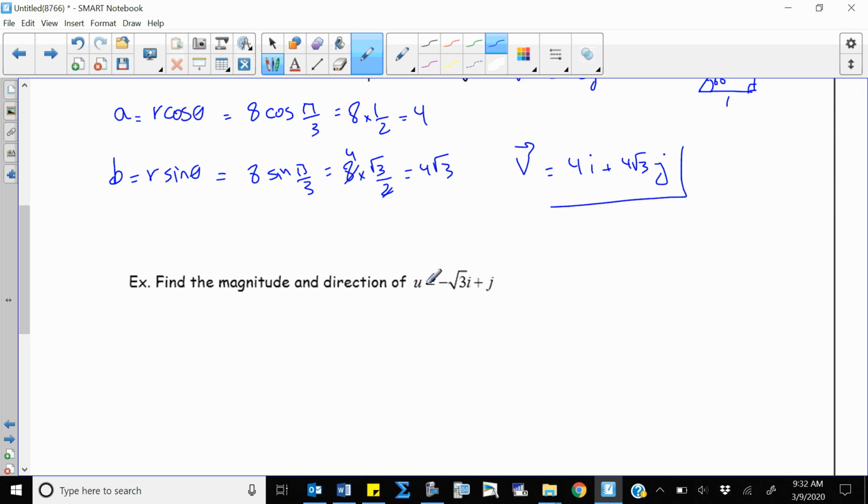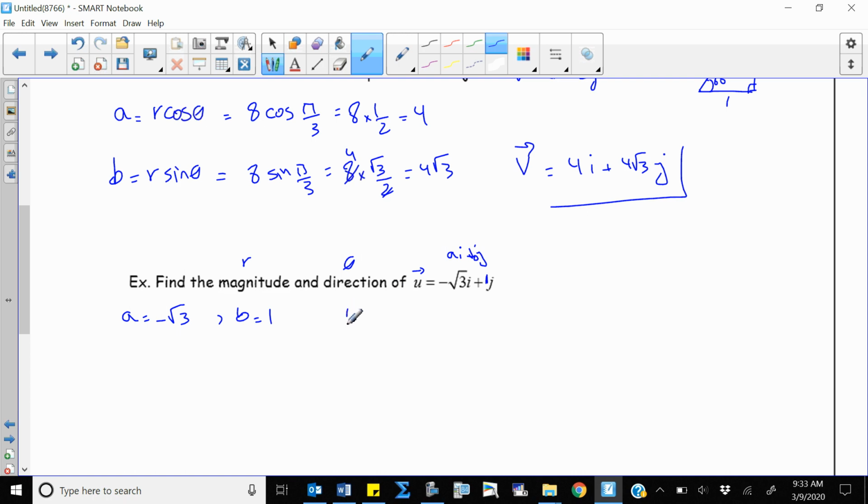This time, we already have the vector in i and j form, and we want to find the magnitude and the direction. That means we want to find r and theta here. So we know that a is negative radical 3 and b is 1, because here we don't have any number, which means it was basically 1. To find the magnitude and direction, first let's find the magnitude.